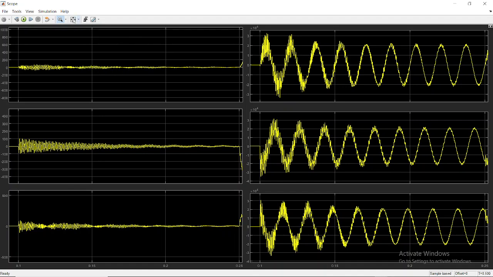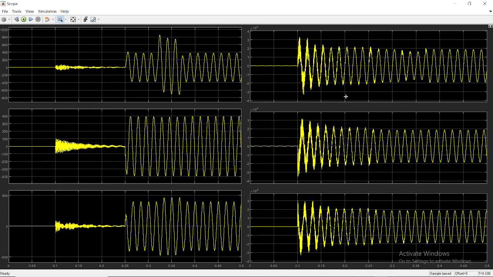You will again notice some transients when you charge the load. Okay, from here at 0.25 second we have charged the load. Okay, I will go to 0.25 second, where this is 0.5, so obviously this is 0.25, and here you will notice some transients.